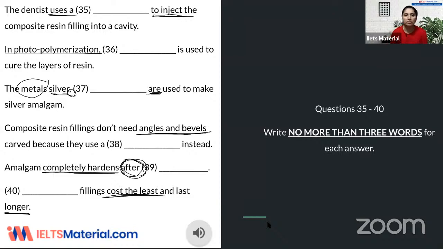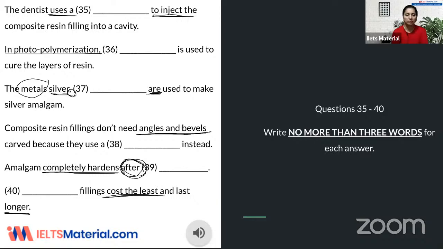A composite resin filling is injected into the prepared cavity in a paste form with a pump syringe that allows the dentist to fill the cavity in layers of the resin. Each layer is hardened separately by curing it with ultraviolet light in a process called photopolymerization. This means the paste can mold exactly to the shape of the cavity.